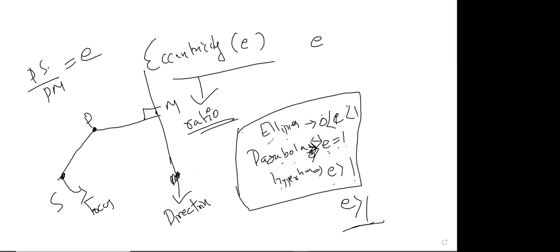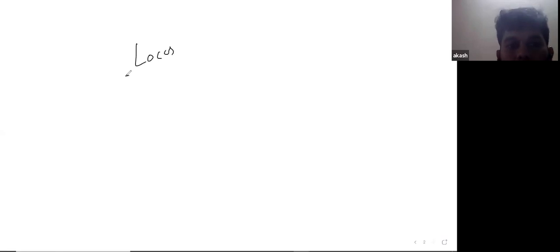Have you heard anything called locus? Locus is a collection of points. If I draw a line, then it is a locus, because a line represents all the points that are on this line.